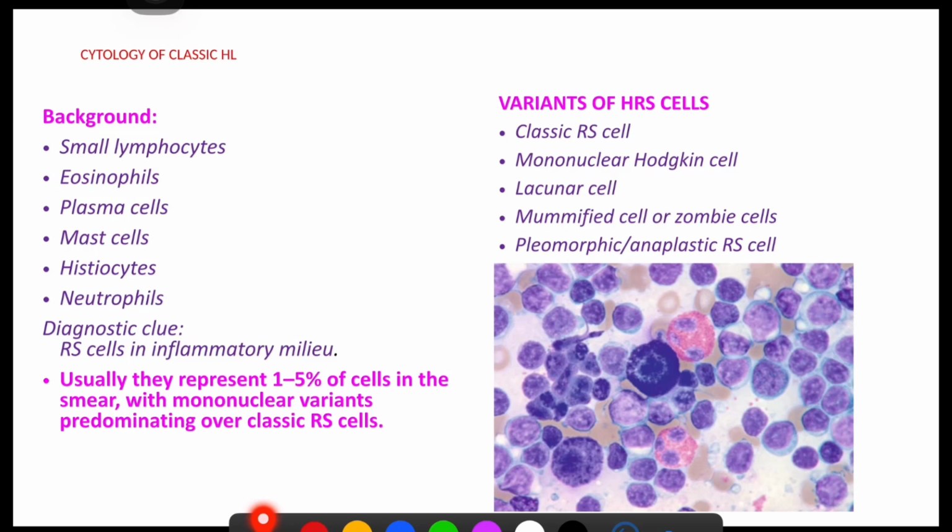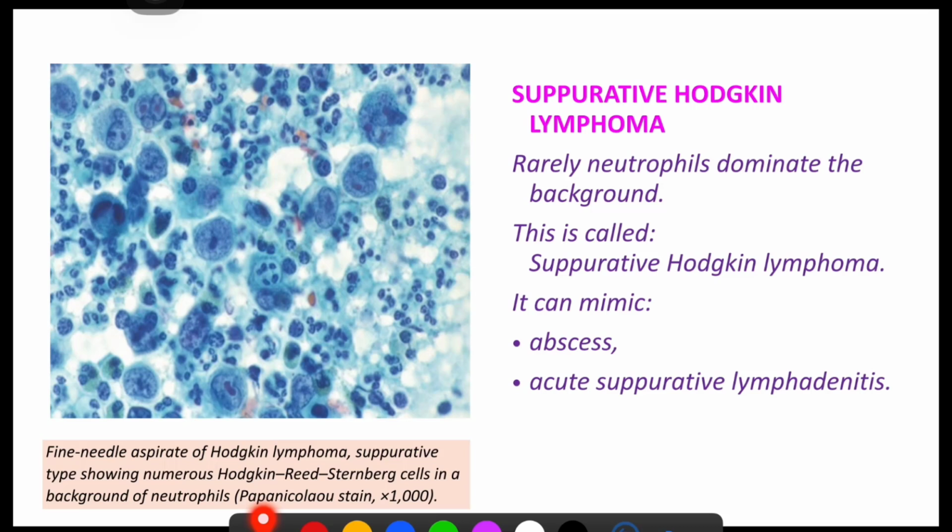Now, what are the different variants of HRS cell? One, we have seen classic RS cells, mononuclear Hodgkin cells. Then mummified, lacunar cell, or LP cell. We will discuss in detail in next section. Now, another category is suppurative Hodgkin's lymphoma.